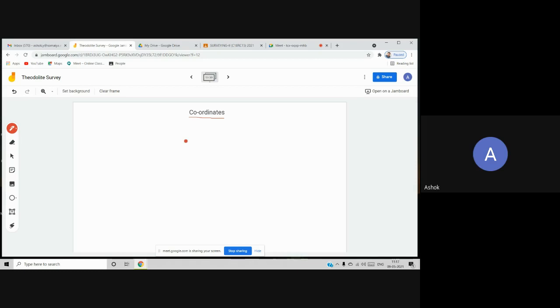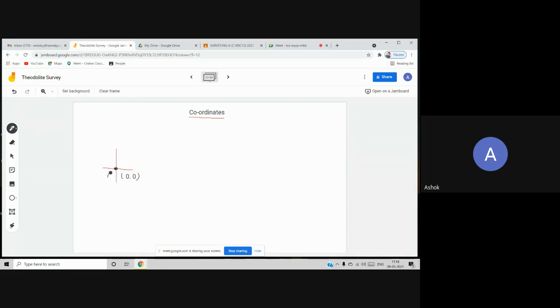Generally in geometry, you have used these coordinates. There is a line. Suppose this is a point on the origin. What will be its coordinate? If a point is on the origin, its coordinate will be 0, 0: x is 0 and y is 0.